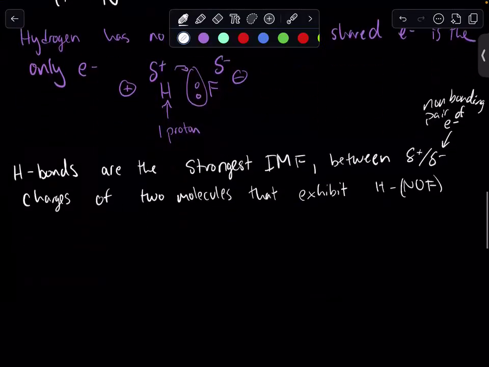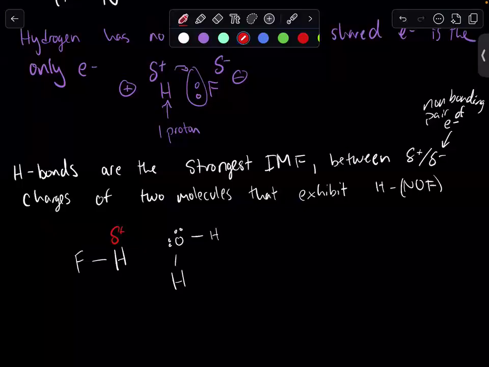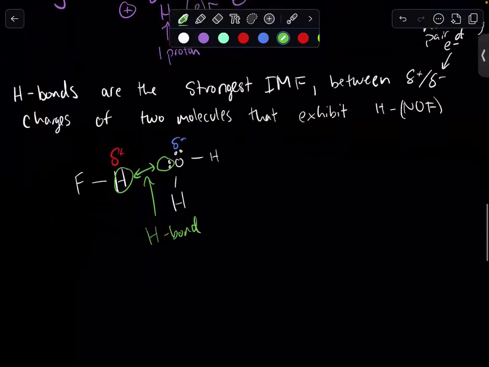So when we look at a hydrogen bond between maybe H bonded to an F and H2O, the hydrogen bond is specifically going to be between this partial positive and the partial negative, but between those non-bonding electrons and this hydrogen. So this specifically is our H bond. It's not a very important distinction, but one that might end up coming up within the DP exam.